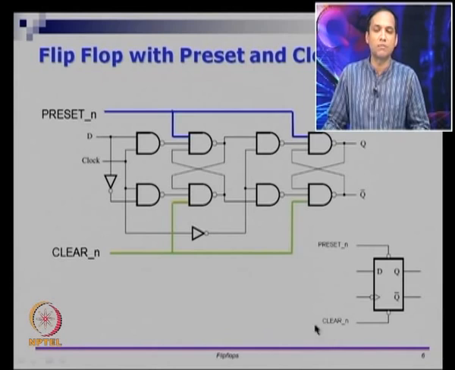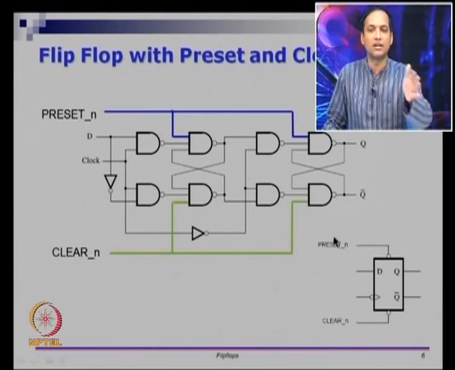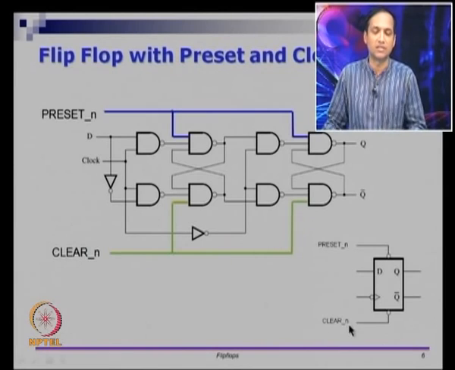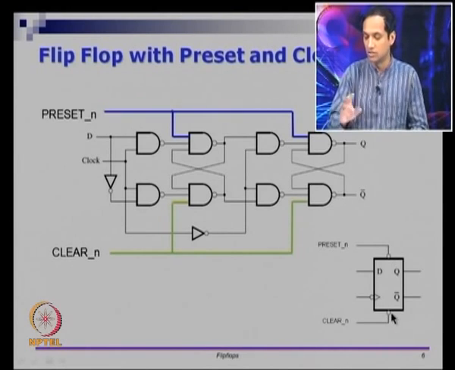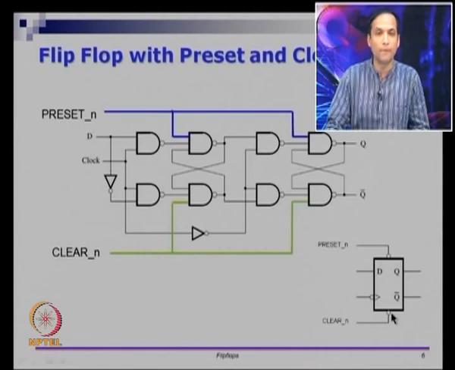So, we will ensure somehow in the circuits that are driving preset and clear, you do not drive both of them simultaneously in general. Then you have the clock input here, which also seems to be a negative edge triggered flip flop. So, this flip flop is a negative edge triggered D flip flop, which has asynchronous negative preset and asynchronous negative clear. So, this is the meaning of the logic block.